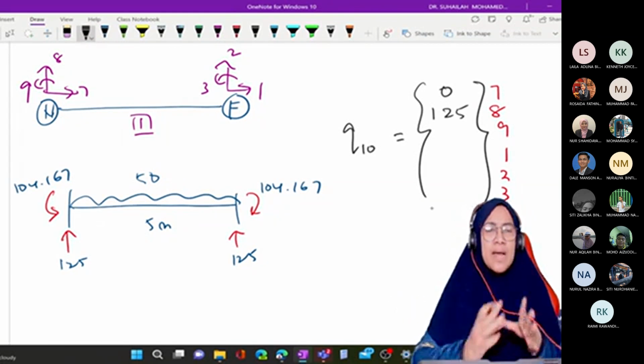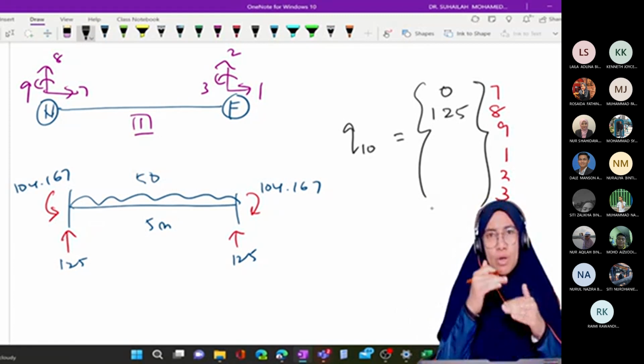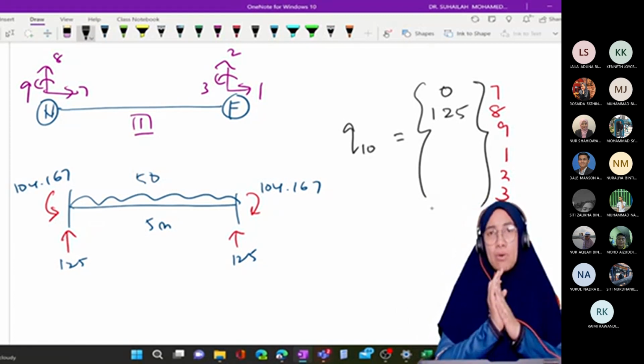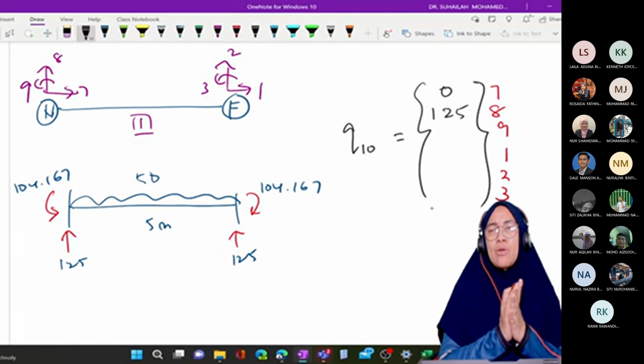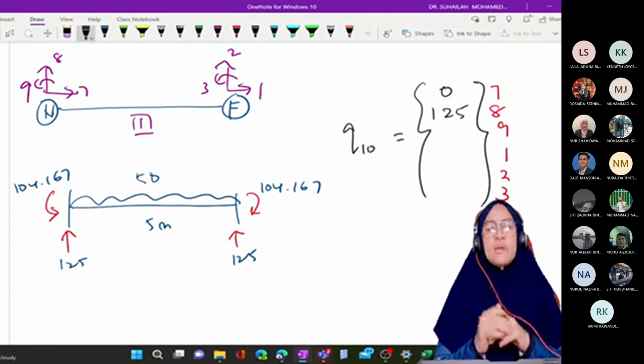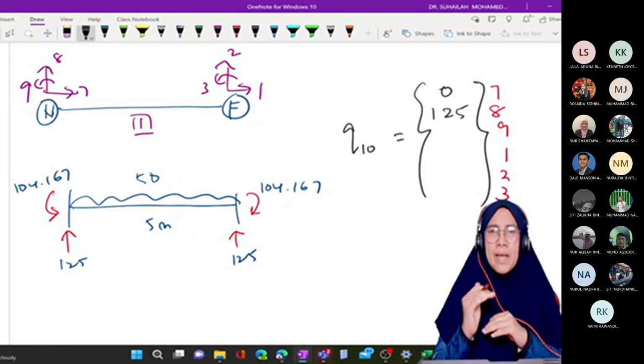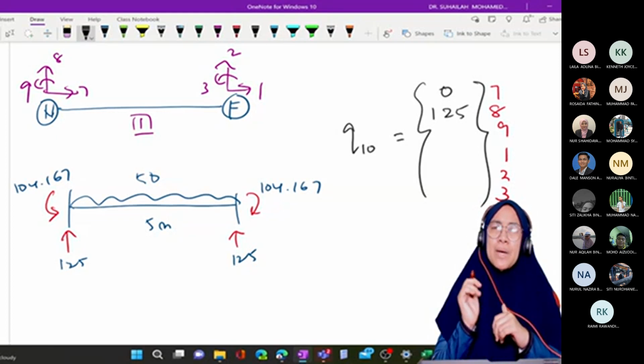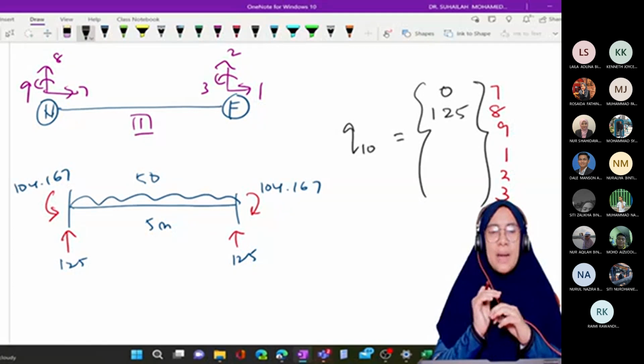Positive, because when we compare the arrows of both diagrams, the arrows have the same direction, so it will be positive. So it is positive 125. Okay, next is position number 9.